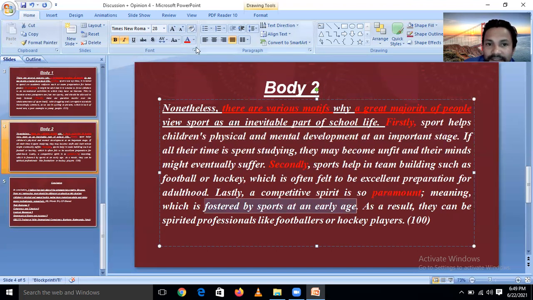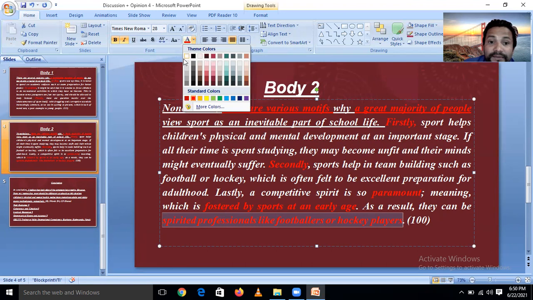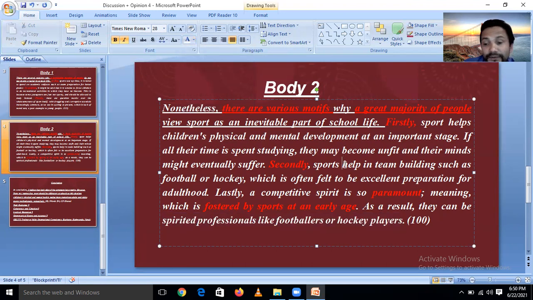So this sense should be developed from an early age. As a result, they can be spirited professionals like footballers or hockey players. They can be professional players if they develop this sort of concept or sense from their early age.